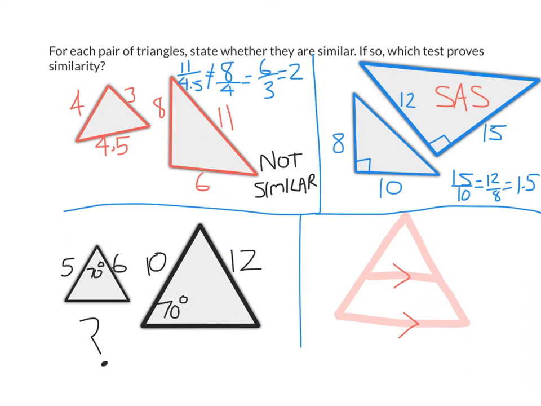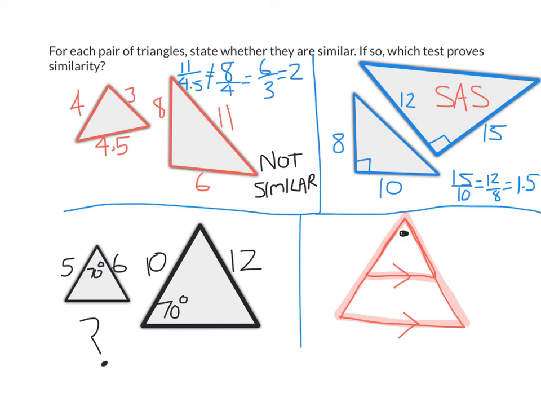So let's look at these triangles in the last shape here. So what we have is a big triangle and a smaller triangle inside. We have no information about sides. So the only option available to us is to use the AAA test. Now these two triangles do satisfy the AAA test.